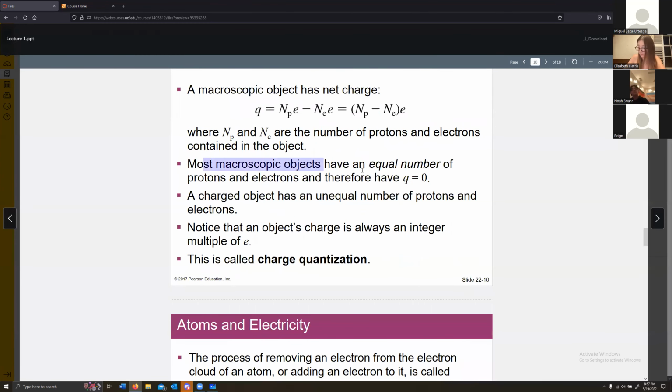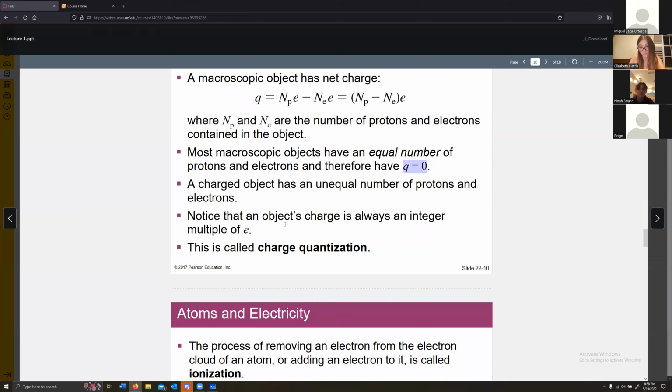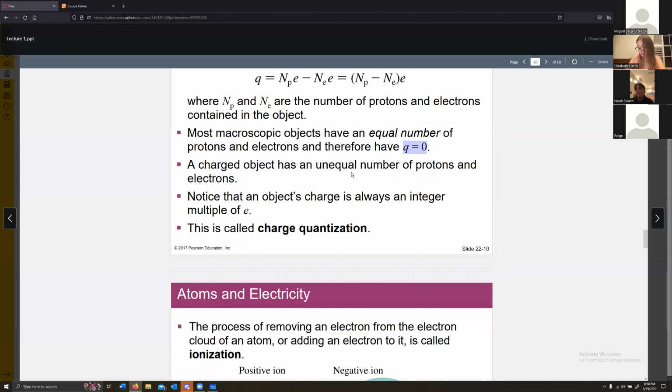Like he says, most macroscopic objects have an equal number of protons and electrons, meaning that Q would be 0. Q in this instance is our net charge. A charged object has an unequal number of protons and electrons. Notice that an object's charge is always an integer multiple of e. Yes, that is very true.